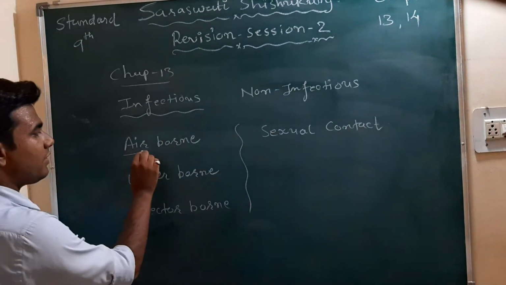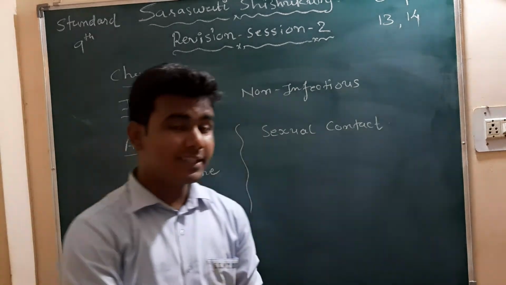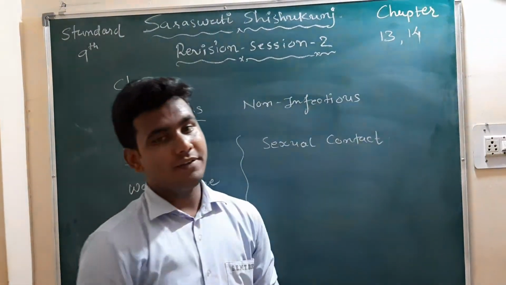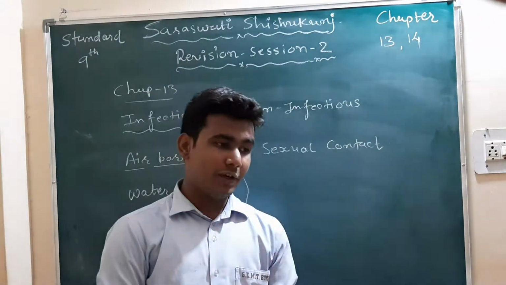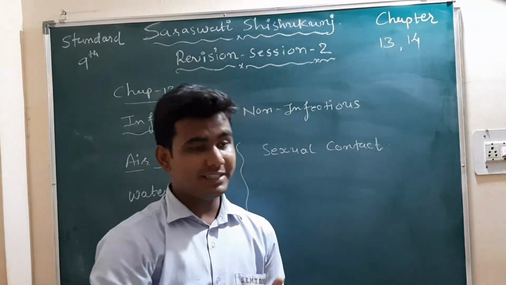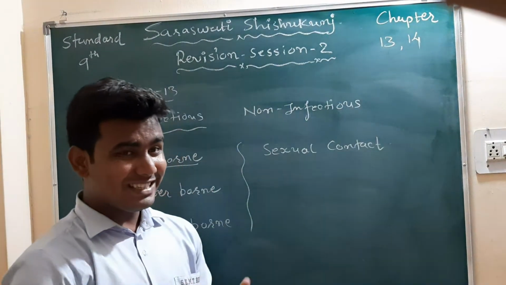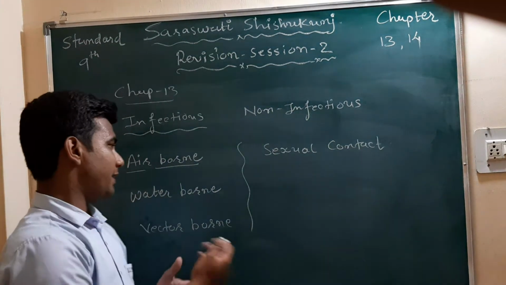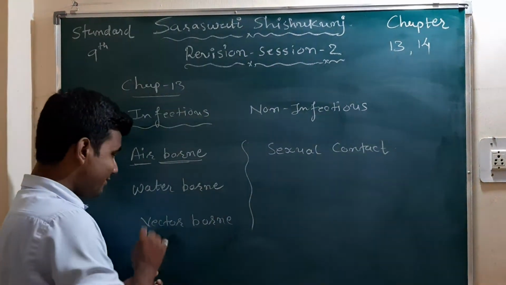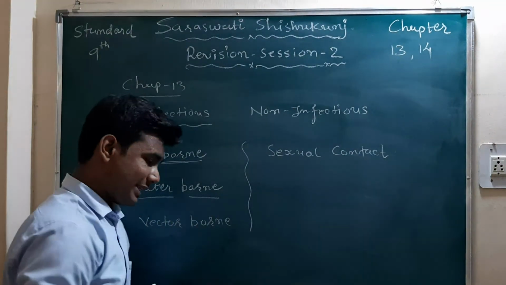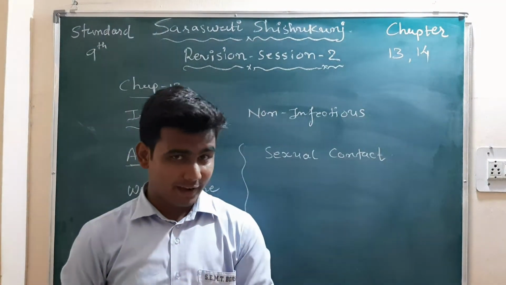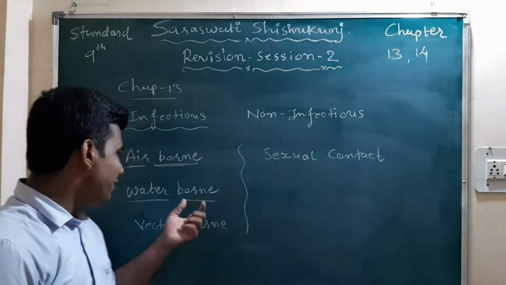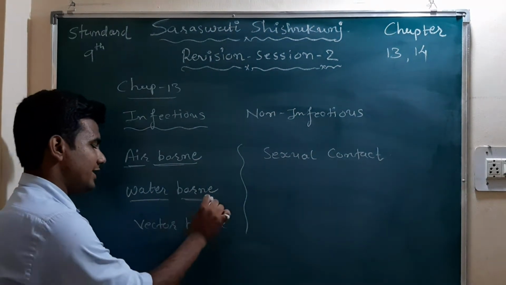Now, what do we mean by airborne disease? The disease which is spread through air is considered an airborne disease, right? We know that different types of disease like cold are spread by sneezing and coughing. So that will be our airborne disease. Waterborne disease is the disease which is spread by water, like cholera, right? So that will be considered a waterborne disease.